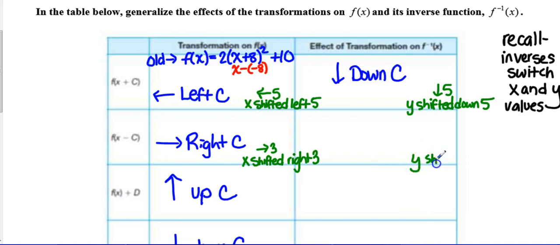So y is shifted. Again, if I'm talking about y, I can't go right. Though, the direction headed right is heading in a positive direction. So that would be y is shifted up 3. So in general, if we were to generalize this, that would be a shift up by a factor of c.